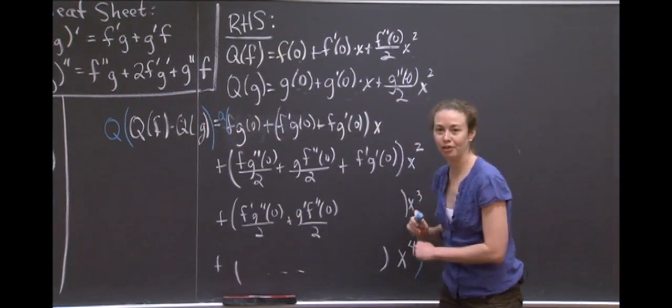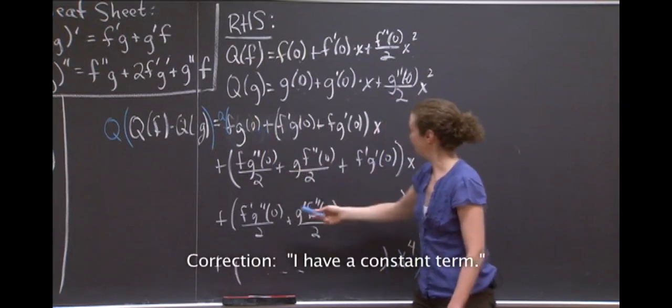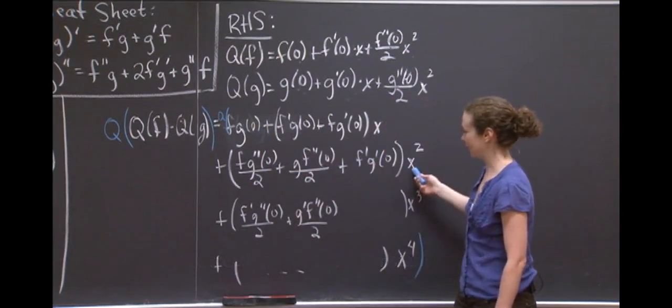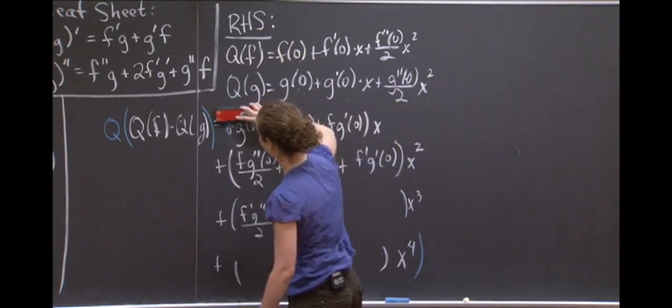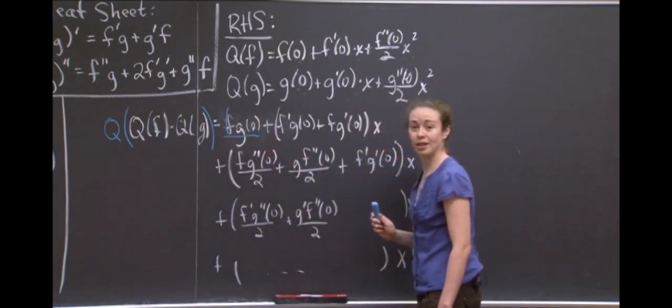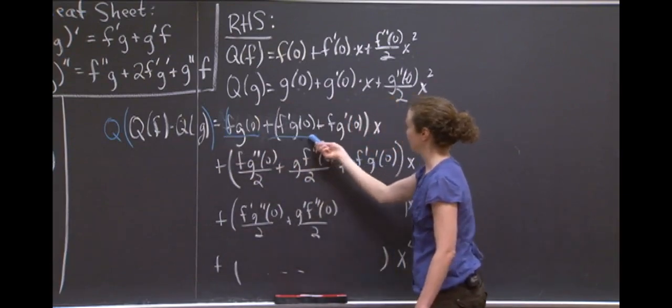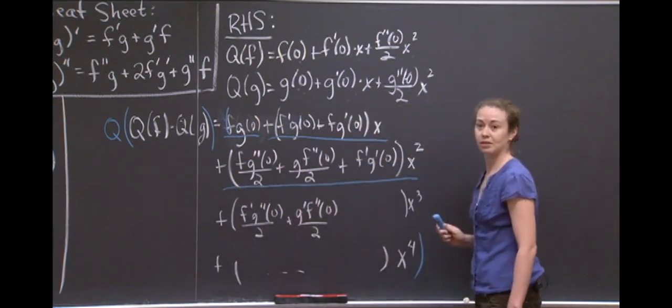This is actually a polynomial. I have a linear term, I have an x squared, I have an x cubed, I have an x to the fourth. So if I apply that quadratic approximation, let's see what stays. This term stays. This term stays. This term stays.